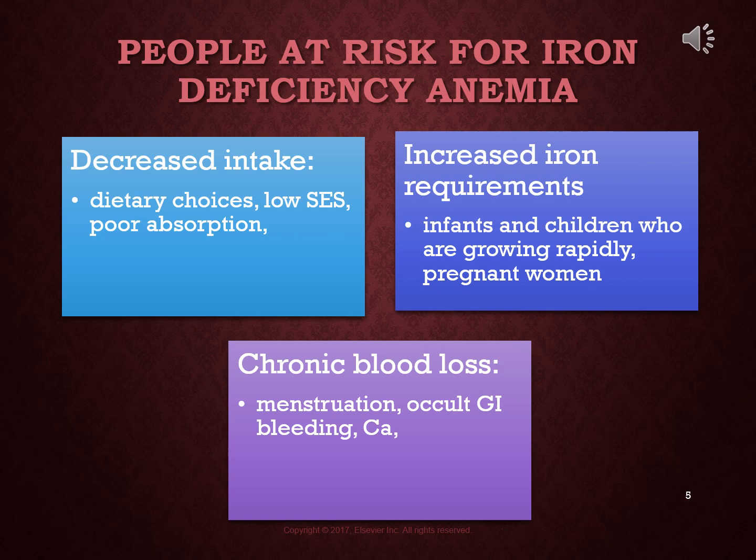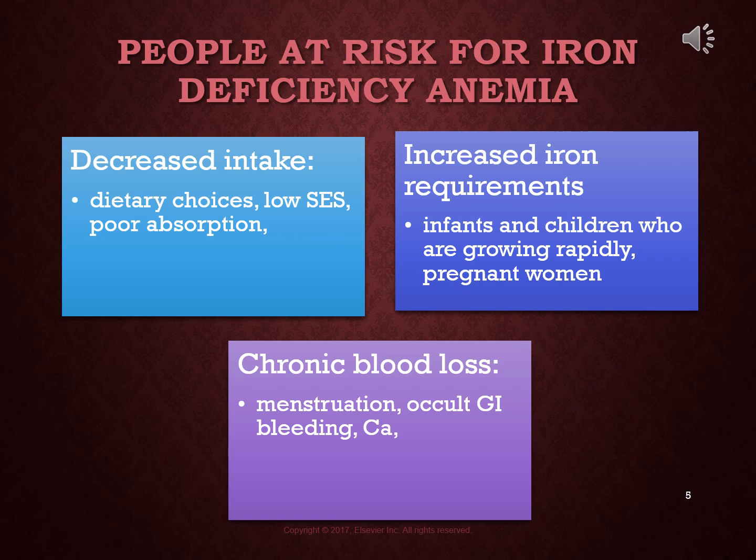People who might be at risk for iron deficiency anemia include people who have a decreased intake of iron in their diet, of course, people who don't eat a lot of iron-rich foods. This could be for a number of reasons. It could be personal preference, or it could have to do with socioeconomic factors.